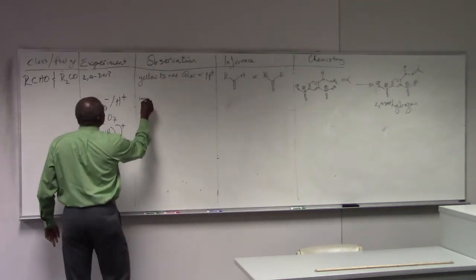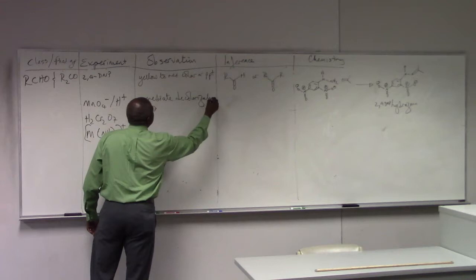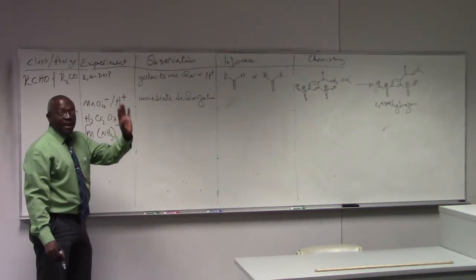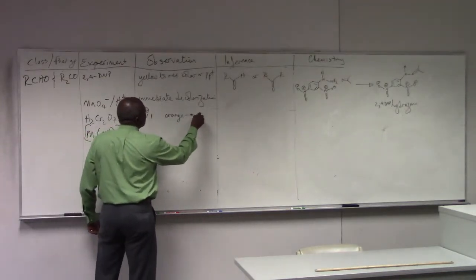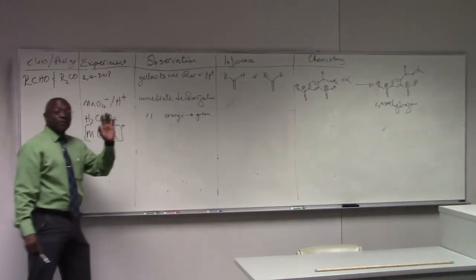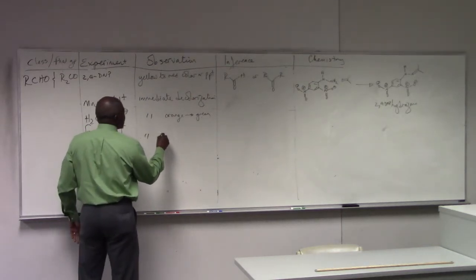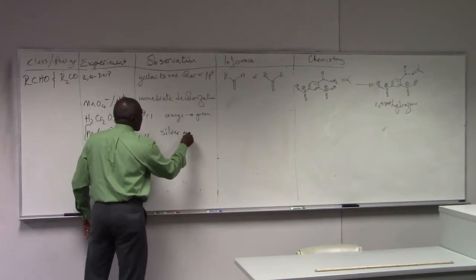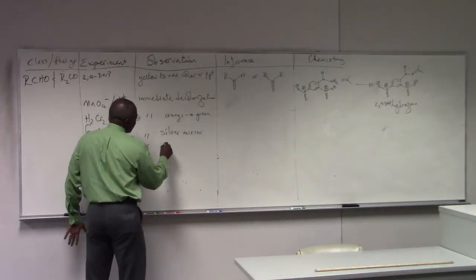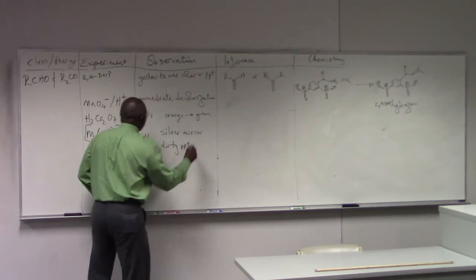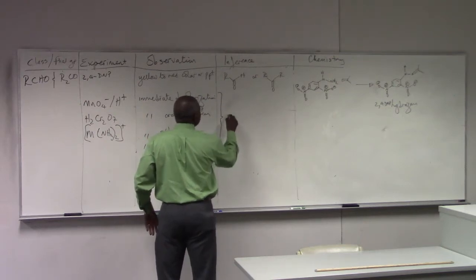If I get immediate decolorization, going from purple to colorless, manganese 7 to manganese 2, or I get immediate orange to green, that's going from chromium 6 to chromium 3, or I get immediate silver mirror if the metal was silver, or immediate dirty precipitate, which would mean the metal was copper, all of these imply that the compound is actually an aldehyde.